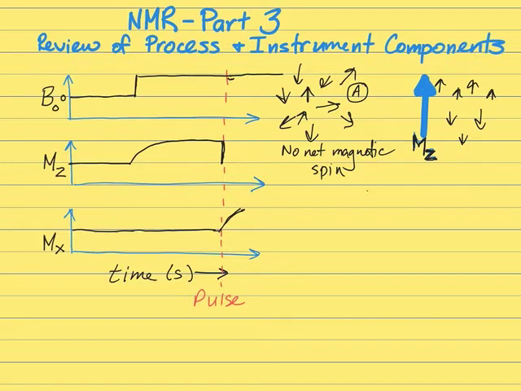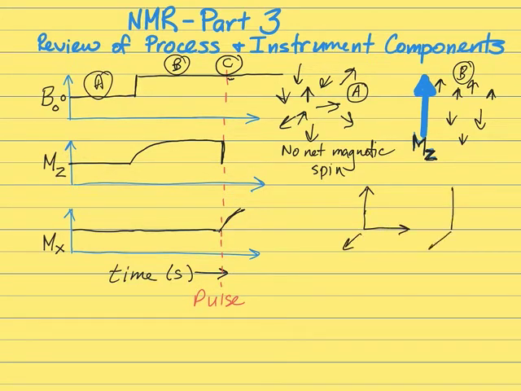Okay, so what happens here, and I'm going to call this point C in our diagram here. So this would be A, this region. B would be this region here, and that would apply all the way through all three of these. C would be what happens when we apply that pulse.